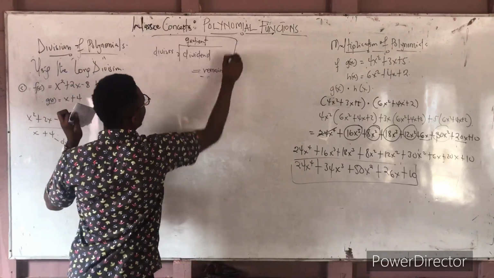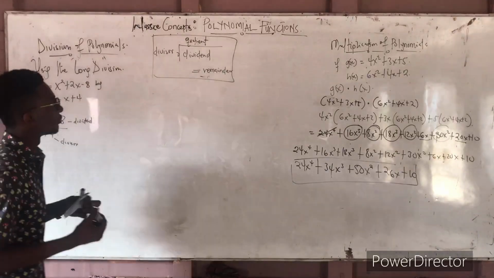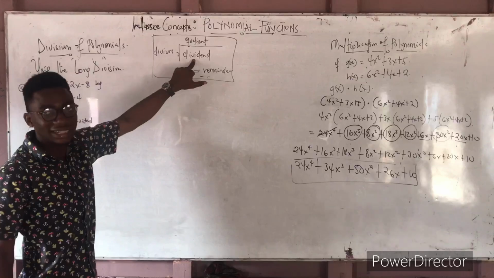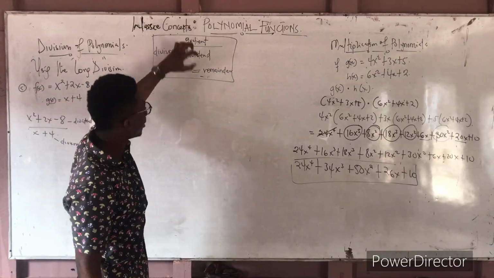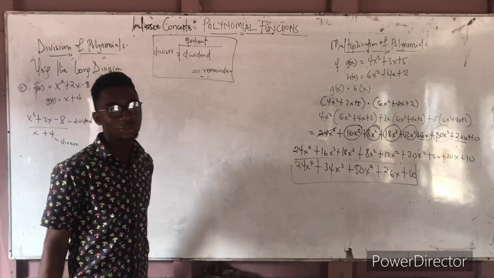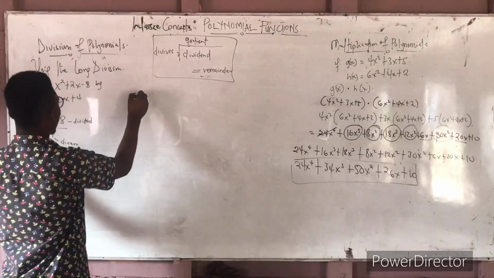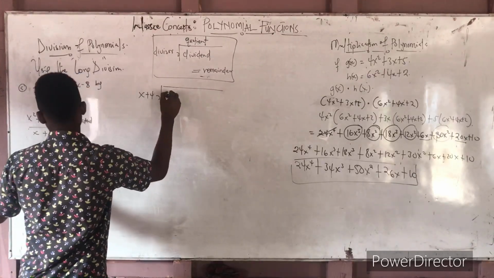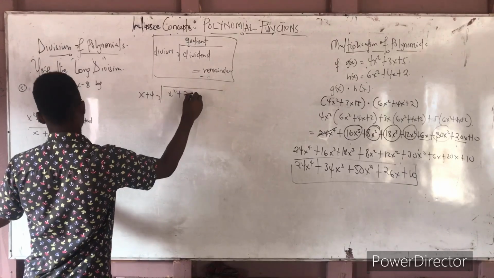So this is what you are supposed to put in your head. So this is the idea of the long division method. Always the divisor is outside trying to divide the dividend, and when you are done, what you get on top here is your quotient. And what remains after you are done dividing is what? Your remainder. Okay. So now what we do is that we get our x plus 4, our divisor, and our dividend will be in it, x squared plus 2x minus 8.